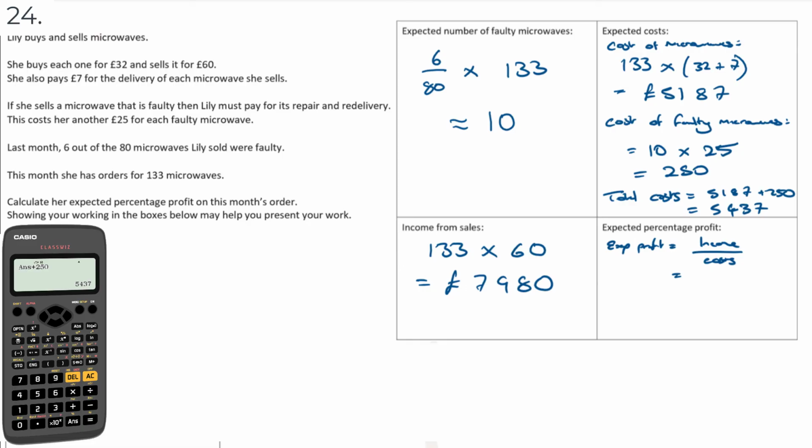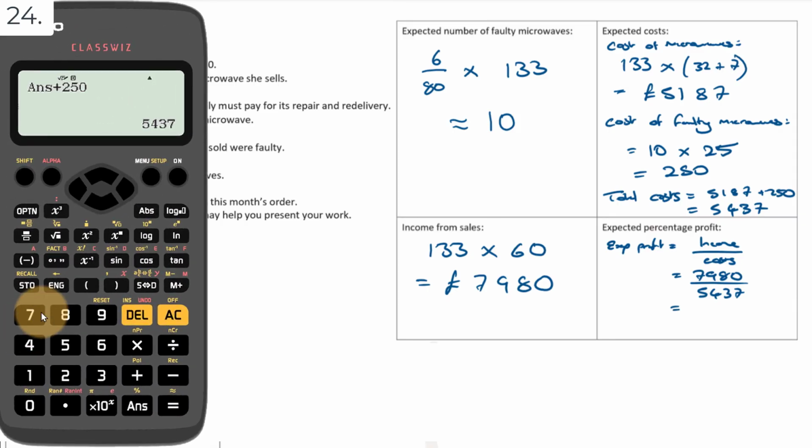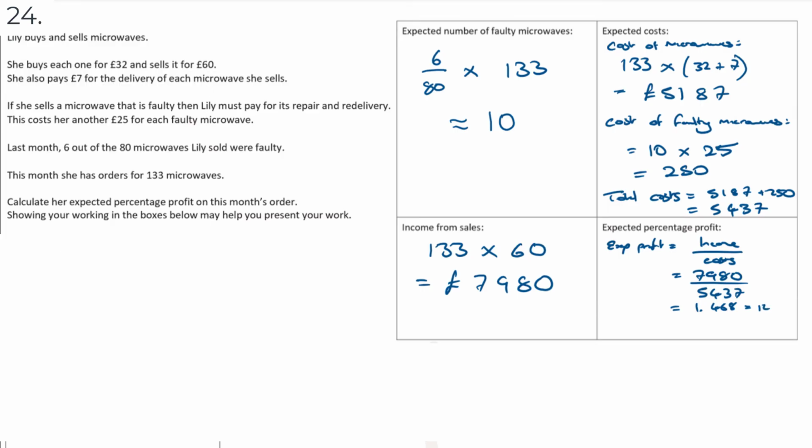So that's going to be 7,980 divided by 5,437. That comes out to be 1.467. So I'm going to just round that off to 1.468, which as a percentage would be 146.8%, wouldn't it?